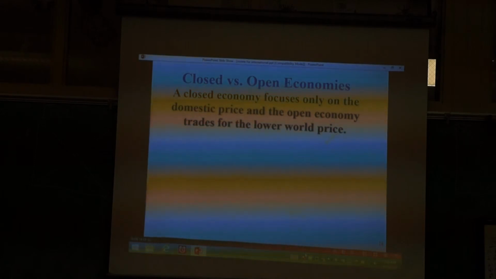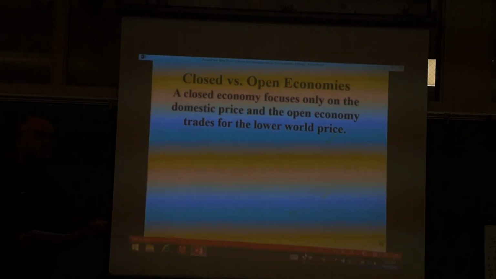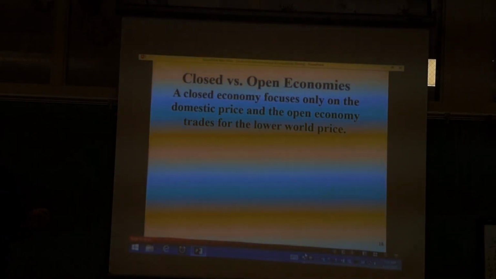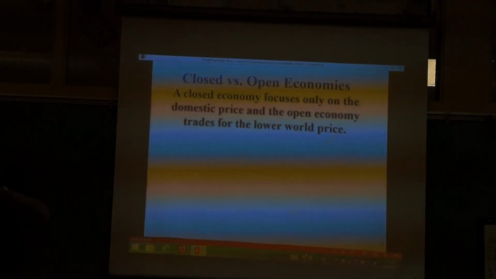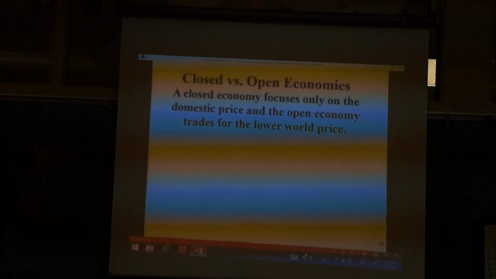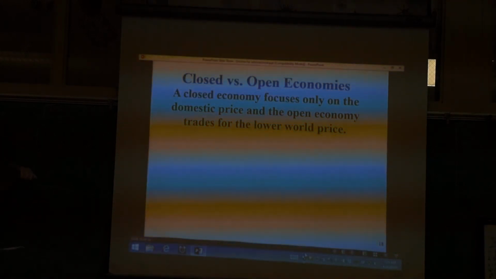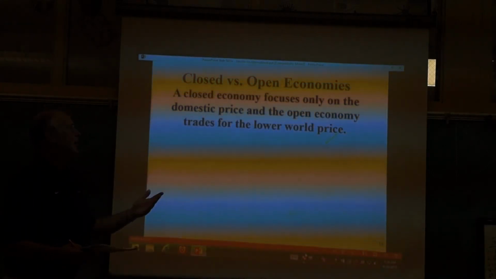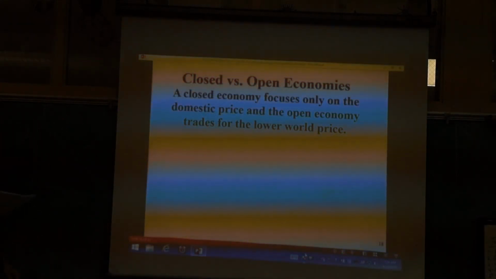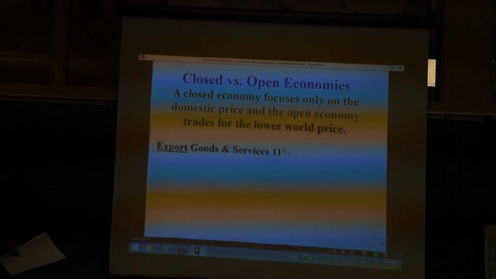So in the open economy, even if consumers are getting hurt by a higher price, producer surplus is so much greater, it compensates. And the same, even if producers are hurt by a lower price, consumer surplus is so much greater, it compensates.